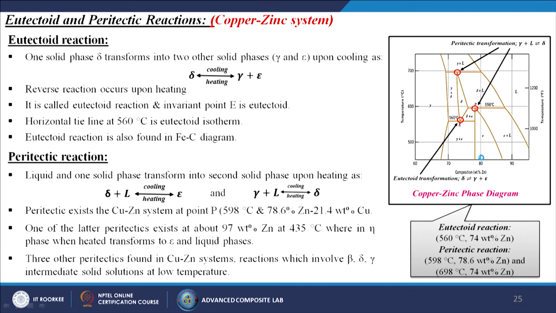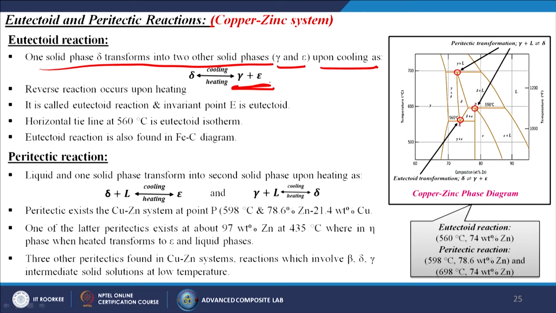Now, we are going to discuss the eutectoid and peritectic reactions for the copper and zinc system. Copper and zinc both have different melting temperatures. In the eutectoid reaction, one solid phase, delta, transforms into 2 other solid phases, gamma and epsilon, upon cooling. So, delta on cooling forms gamma plus epsilon.